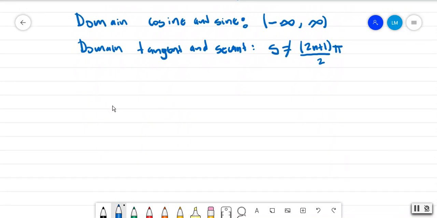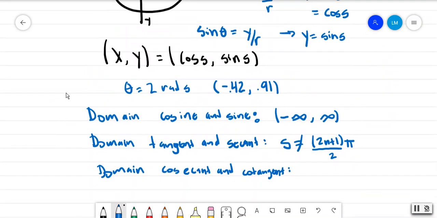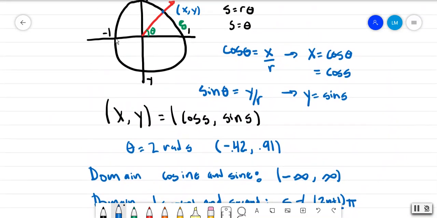Now, we also have cotangent and cosecant. So the domain for cosecant and cotangent: well, basically you have that cosecant and cotangent are only undefined at these points, at 1, 0 and negative 1, 0.